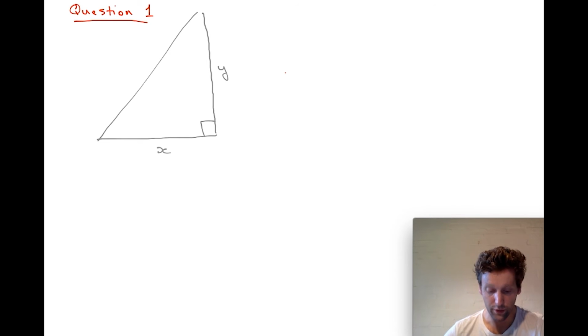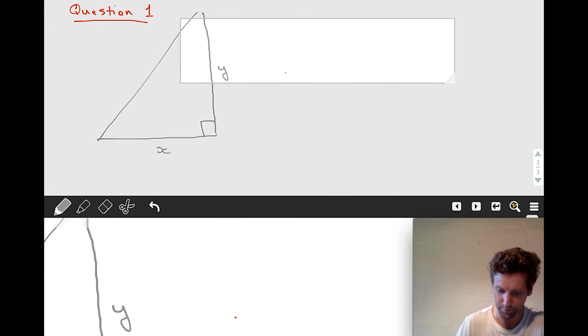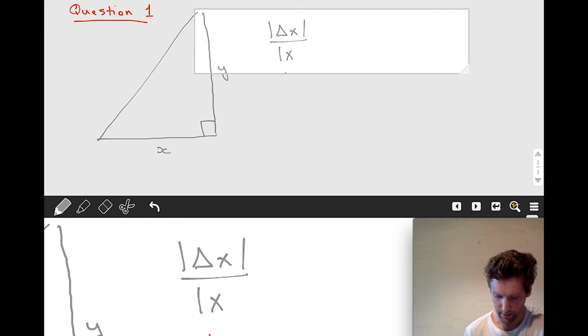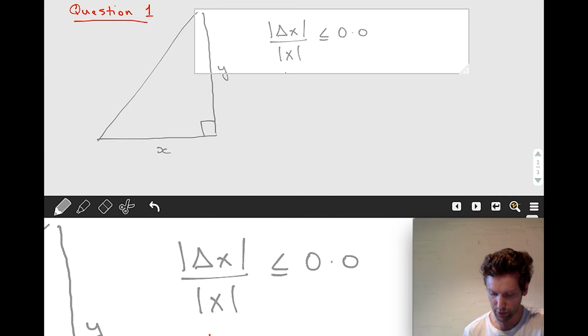So let's call the two sides x and y, the opposite and adjacent sides. I know that the error in these measured values is going to be 2%. So let's express that as a ratio. So delta x over x has got to be less than or equal to 2%, or 0.02.